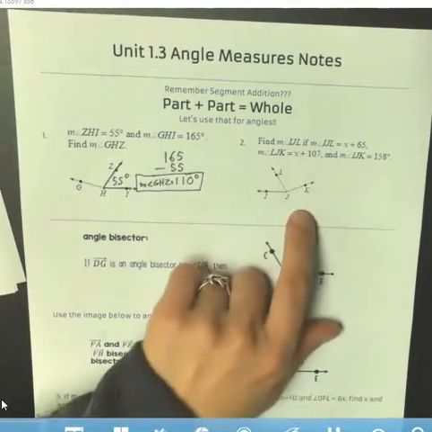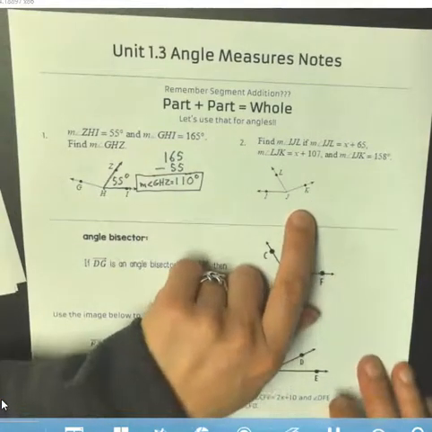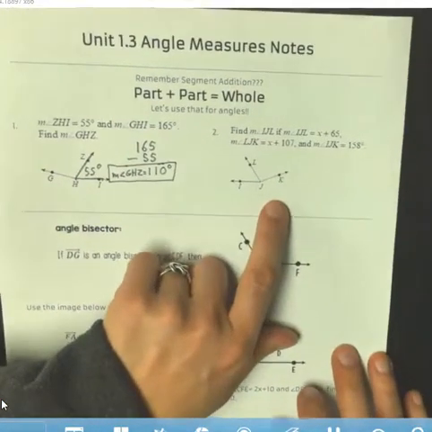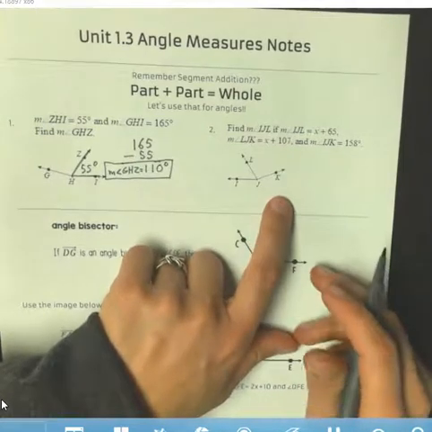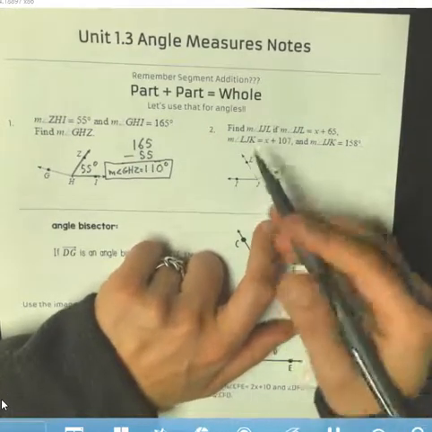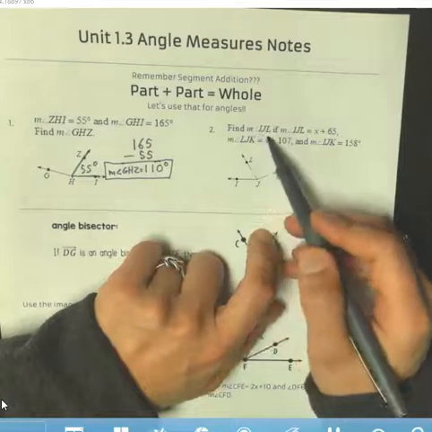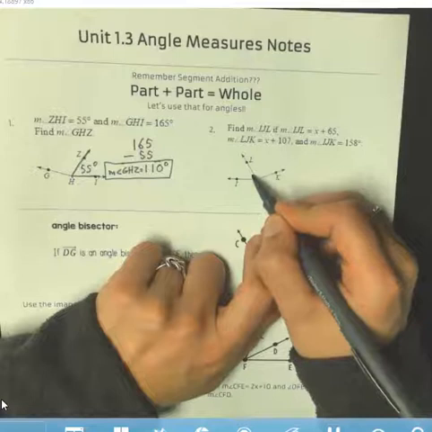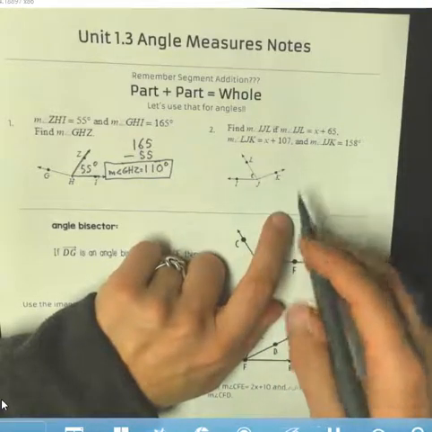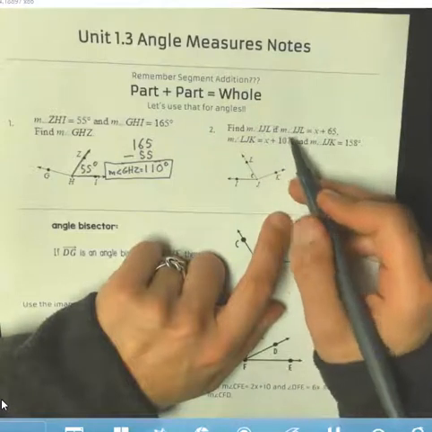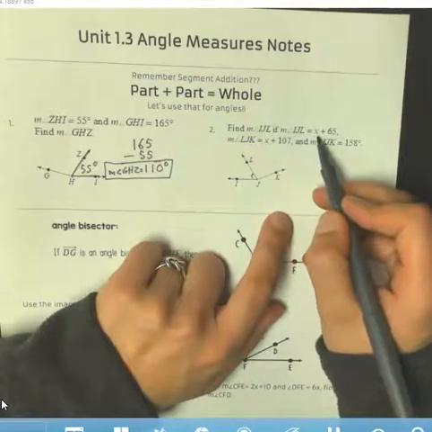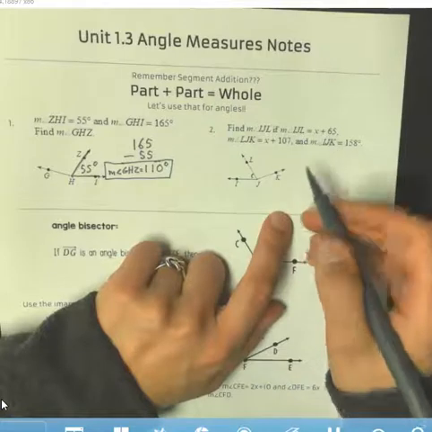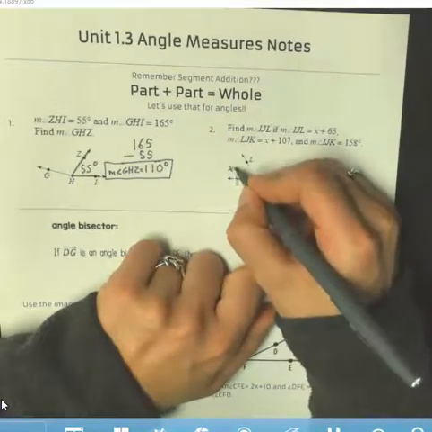Now this next part looks similar, but now instead of numbers it's got variables. It's got some x's. Okay? And it says find measure of angle IJL. So that's this one that they want us to find. And it says measure of angle IJL is x plus 65.